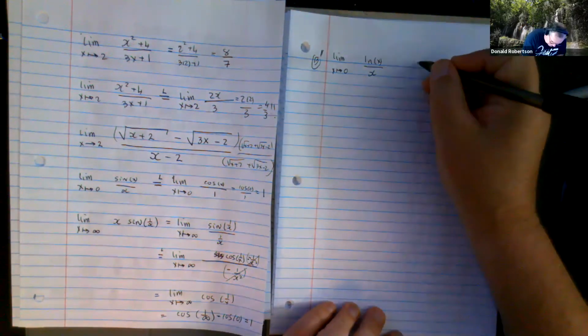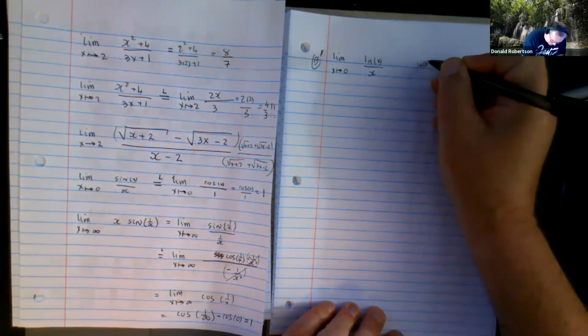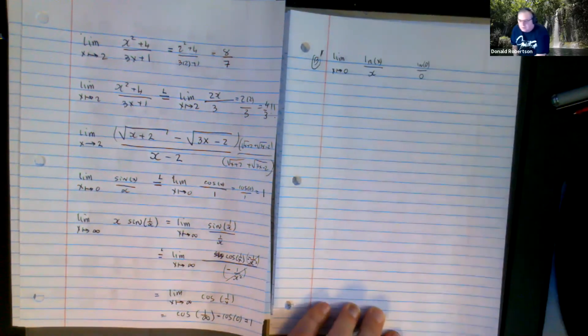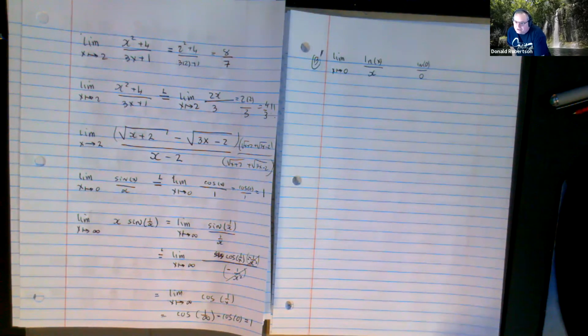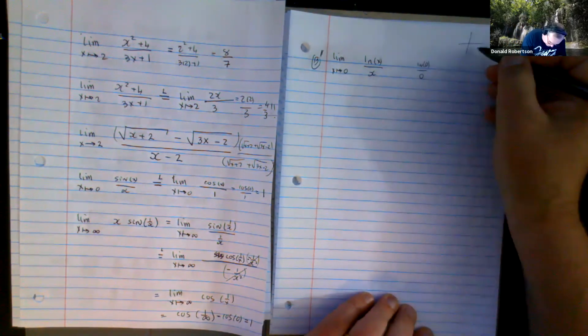I'm getting a deafening silence here. Should I be able to use L'Hopital on this question? Yes. Okay. What is the natural log of 0? Well, if you look at the natural log, isn't that negative infinity?